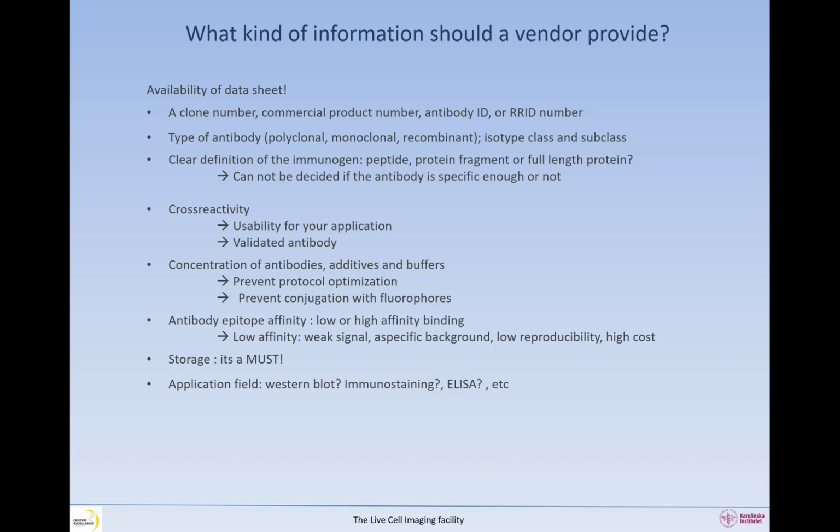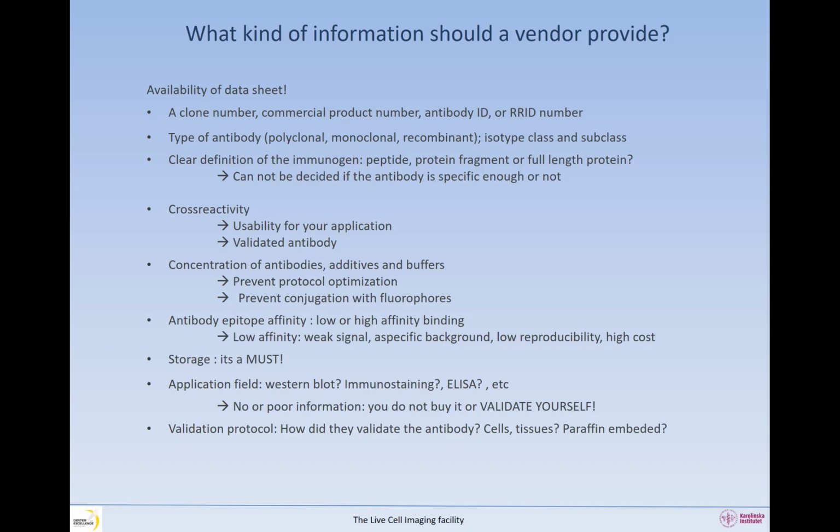But it takes time, of course, to do all the validations. But if you don't find anything, or no Western blot is shown, no immunostaining, no specific immunoprecipitation data or other data, then please, you have two choices. Either you don't buy your antibody or you do all these validations yourself.